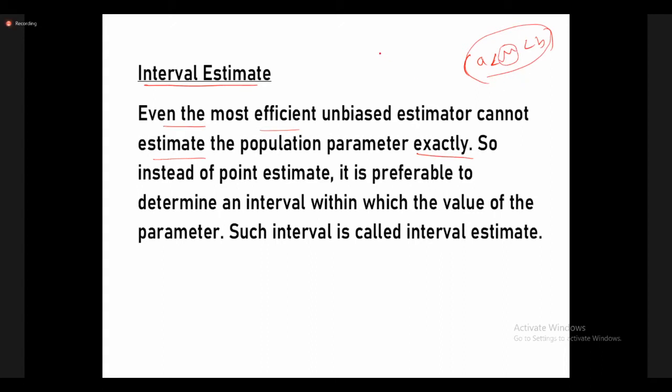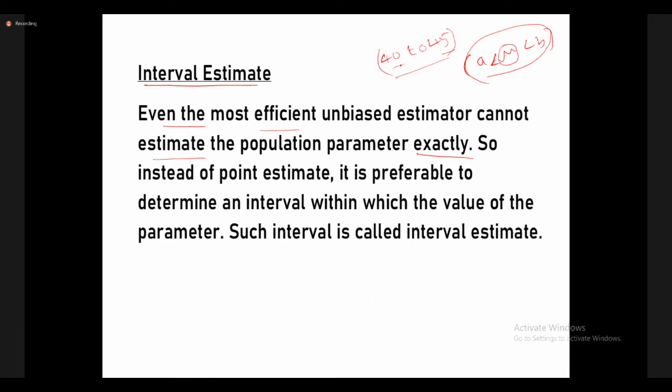Just now I gave the bike example. Some person purchased the Activa bike, and some friends asked what the mileage is. They will say 40 to 50, minimum 40 and maximum 50. They will set the range.